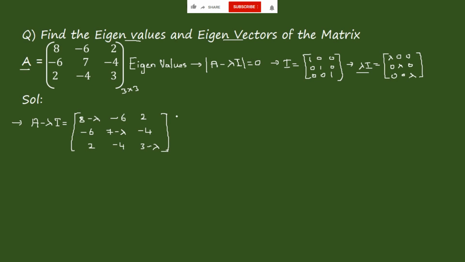We got this particular matrix. Now we have to set the determinant of A minus lambda I equal to 0. So find the determinant of this one.